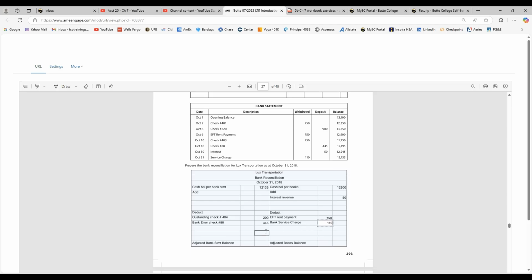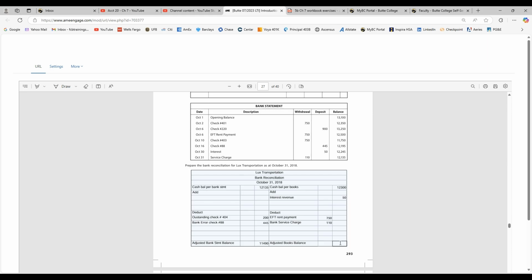Okay, now let's go through and see how we come out. So we have 12,135 minus 200 minus 445. 11,490 is what I get on that side, and then we got 12,300 plus 50 minus 750 minus 110. Sweet, 11,490.